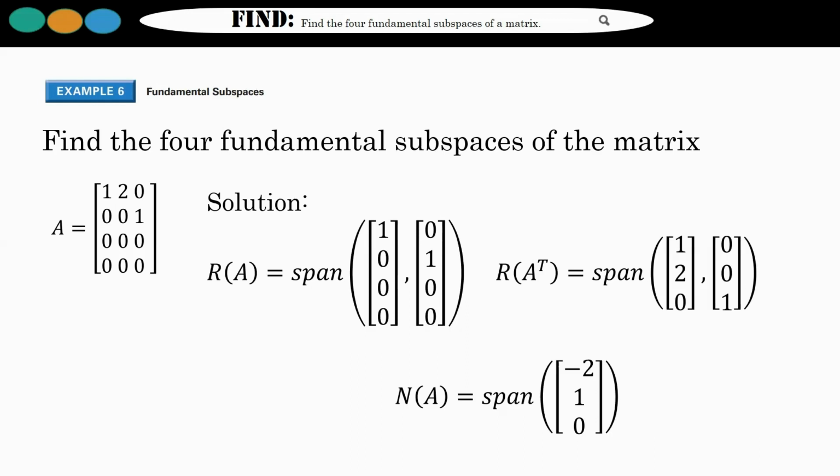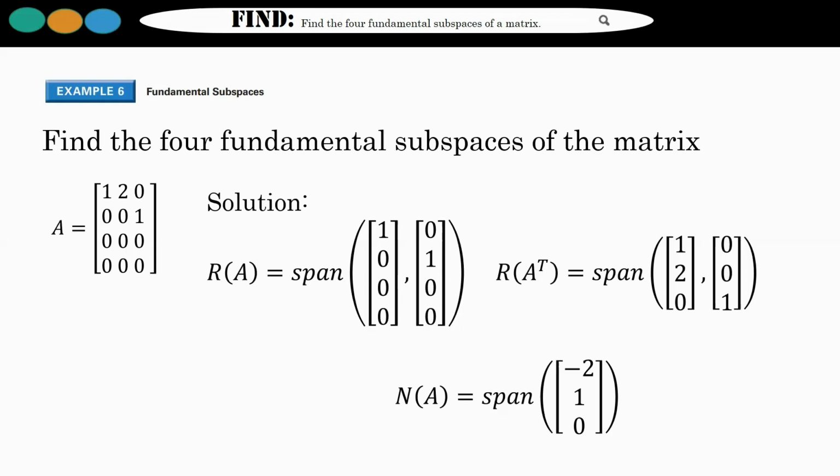So for the null space of A, it is equal to span negative 2, 1, 0, where negative 2 is from the substitution of x sub 2 into equation 1 to find x sub 1.